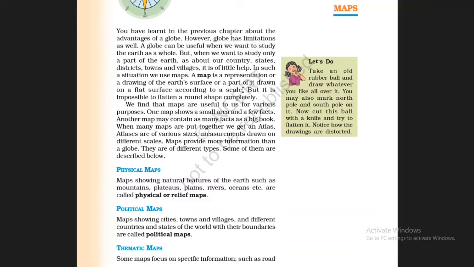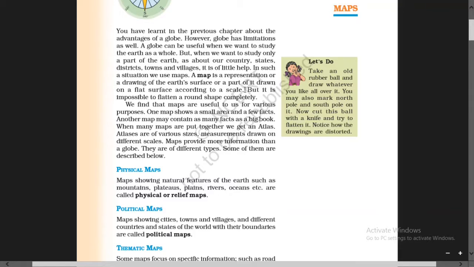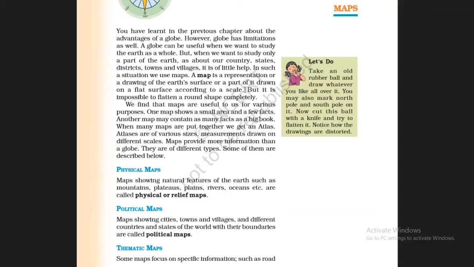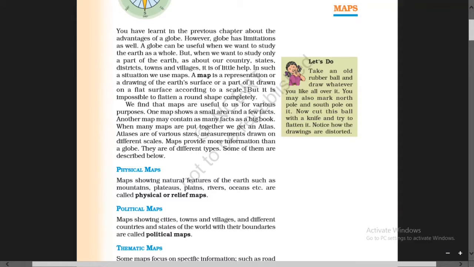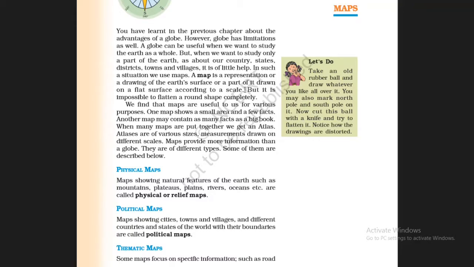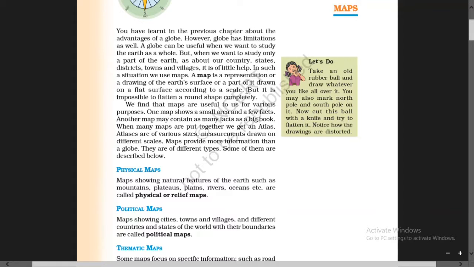So if anybody asks you what is a map, boys, you have to answer: a map is a representation or a drawing of the earth's surface or a part of it drawn on a flat surface according to a scale.